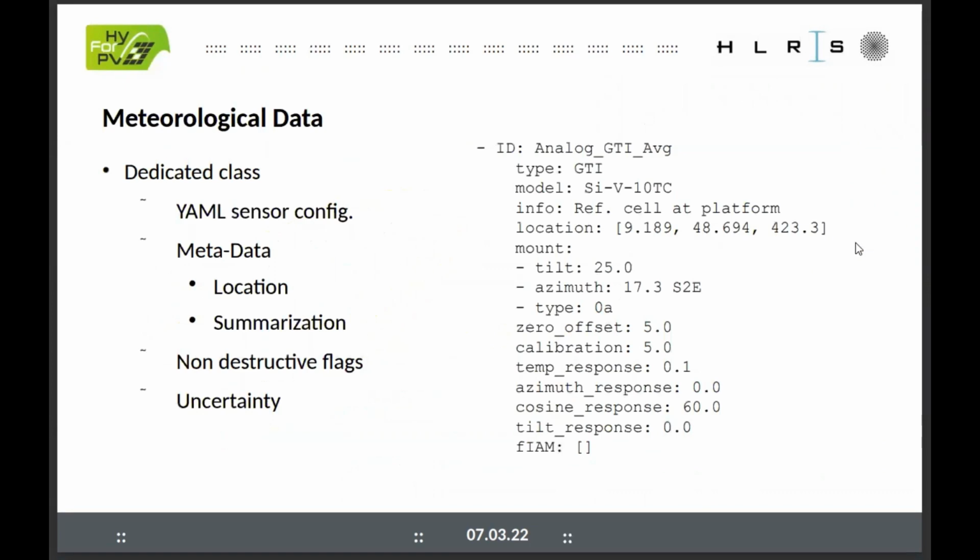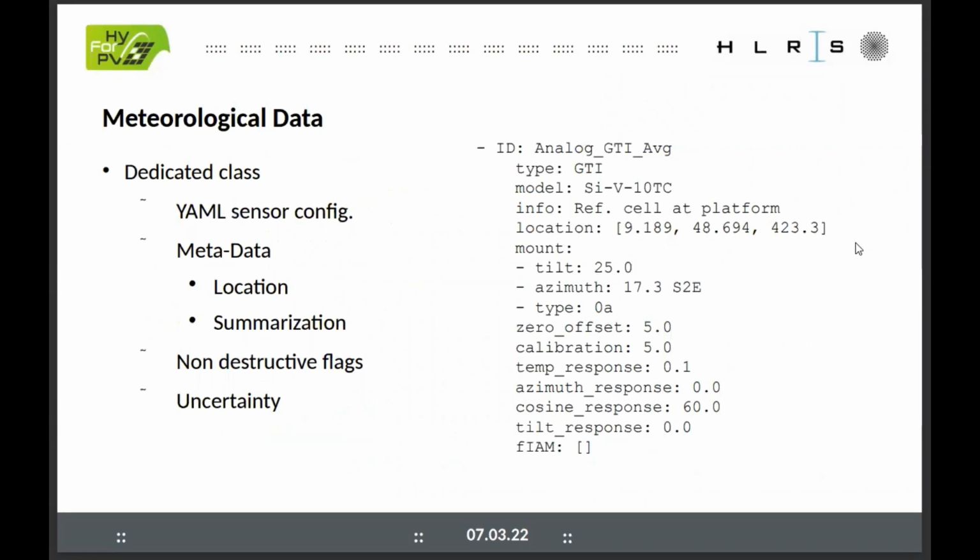More recently, we worked a lot with a dedicated class for meteorological data. The end goal is to have a presentation of the data that allows you to not throw any data away, so that we can avoid this problem we were talking about in the morning about where to fit the threshold for discarding data.